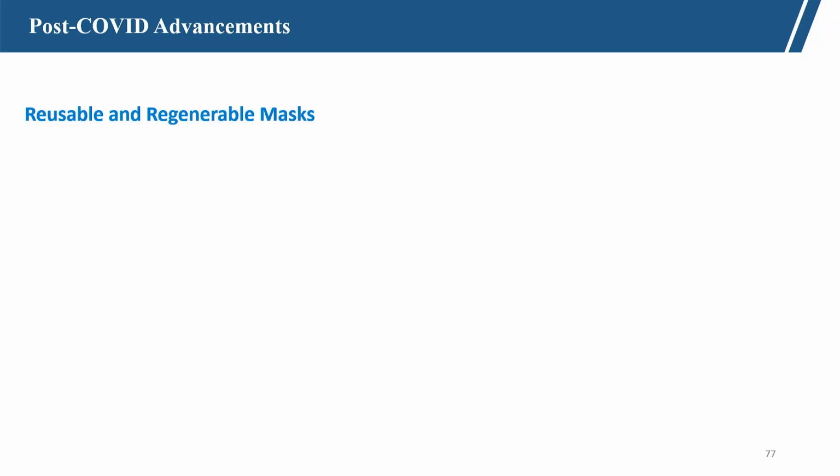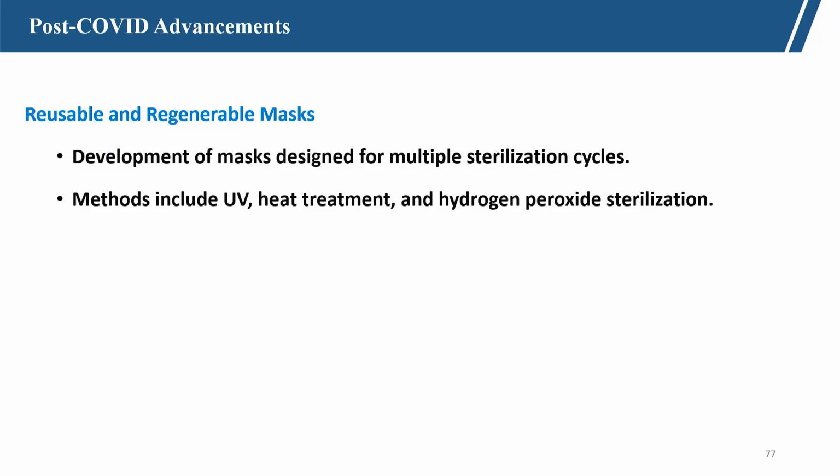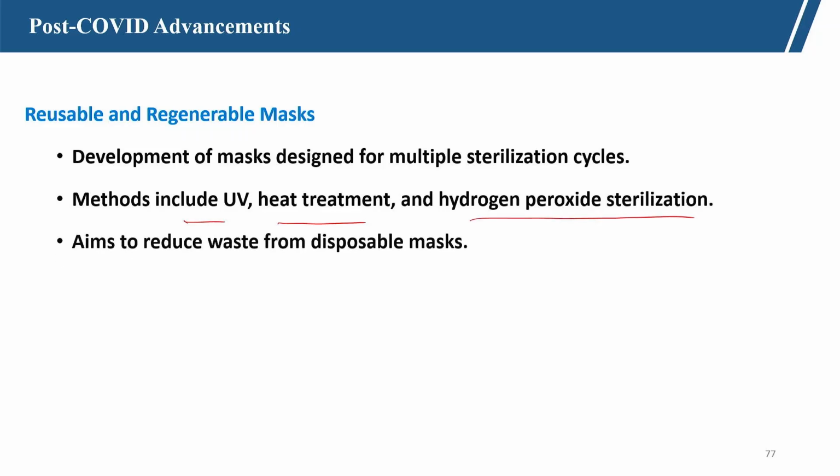Then there are reusable and regenerable masks. After multiple sterilizations, we can reuse the mask. We should include UV treatment, heat treatment, or hydrogen peroxide sterilization. These approaches we can use to reuse the mask.